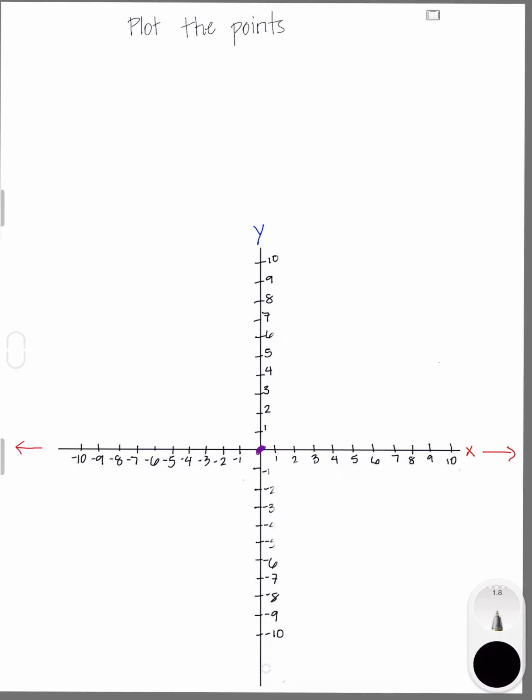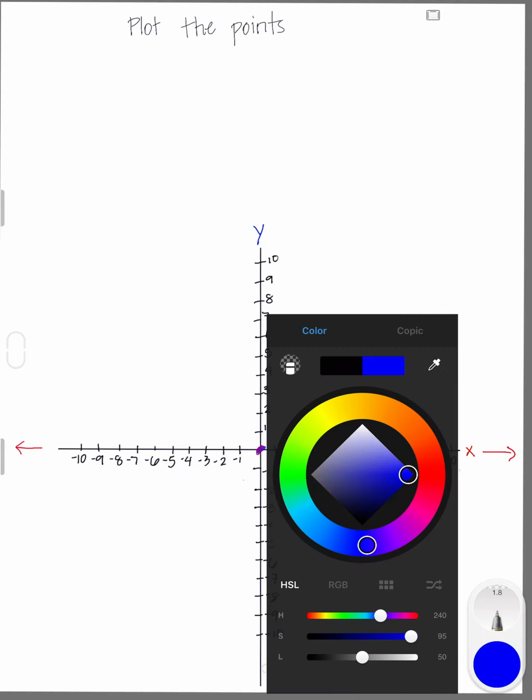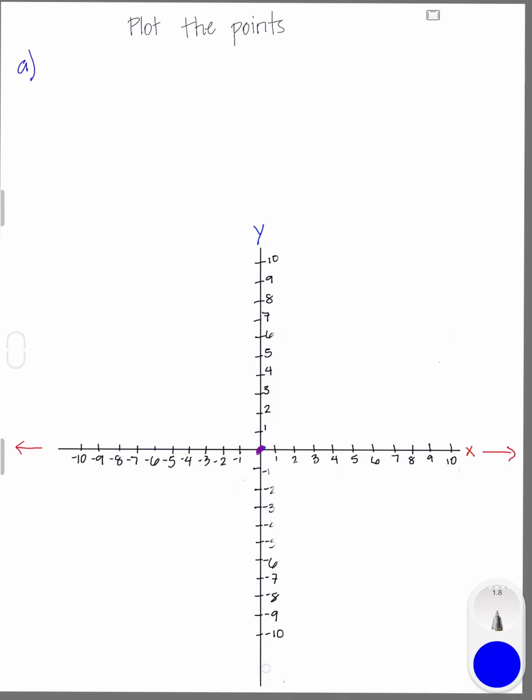Okay, so we're gonna start with the point 3, 1. What I always do, and this is what you can do as well, is I always first guide myself with my x value, right? And then once I have identified where my x is, that's when I either move up or down depending on my y.